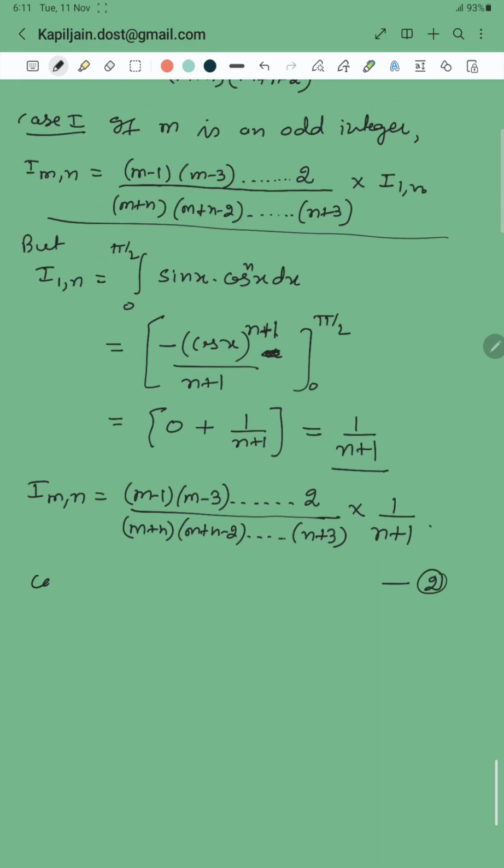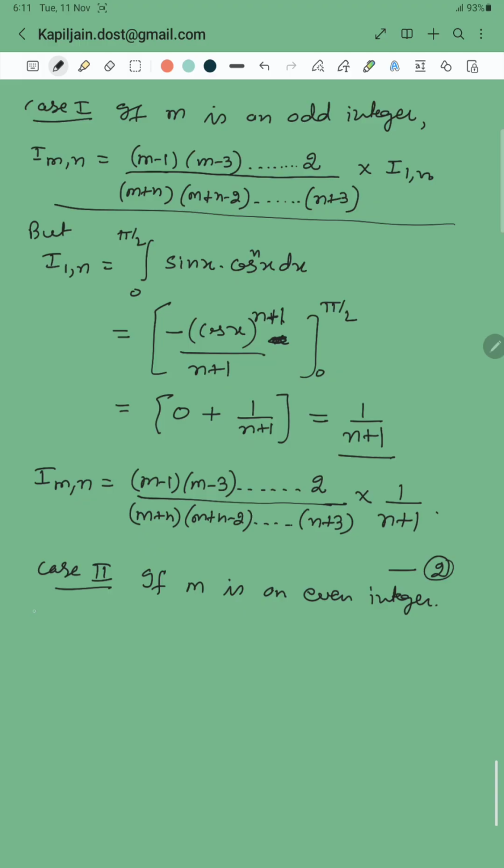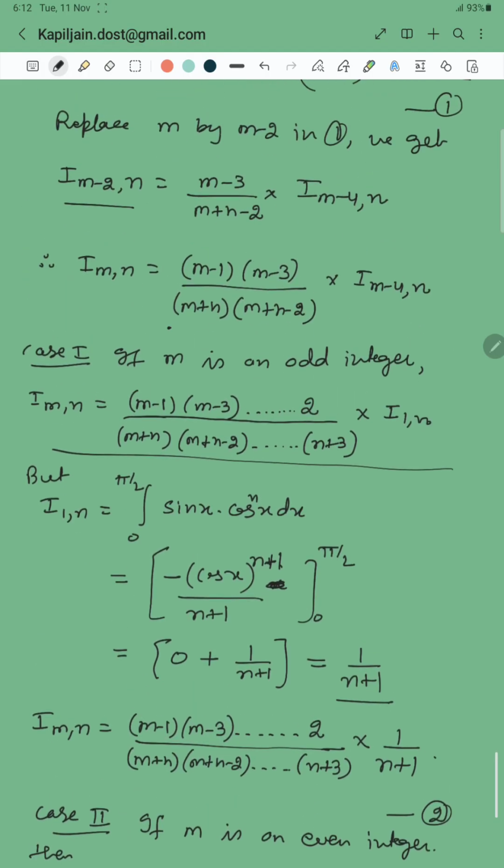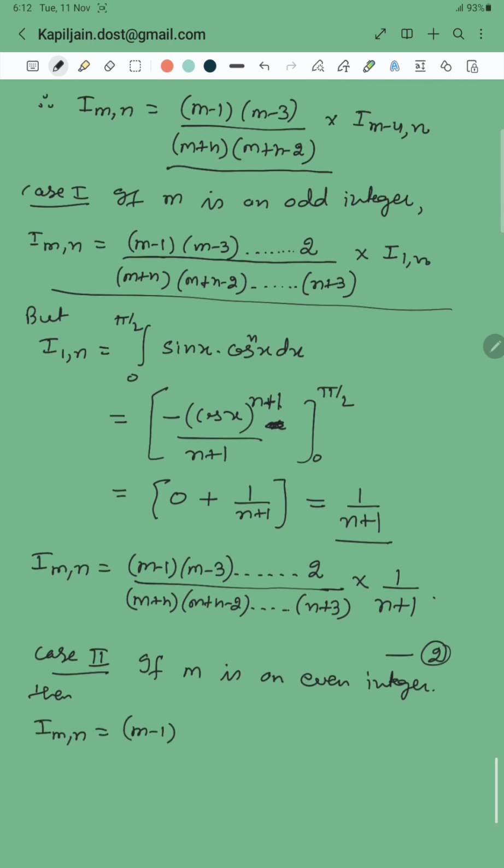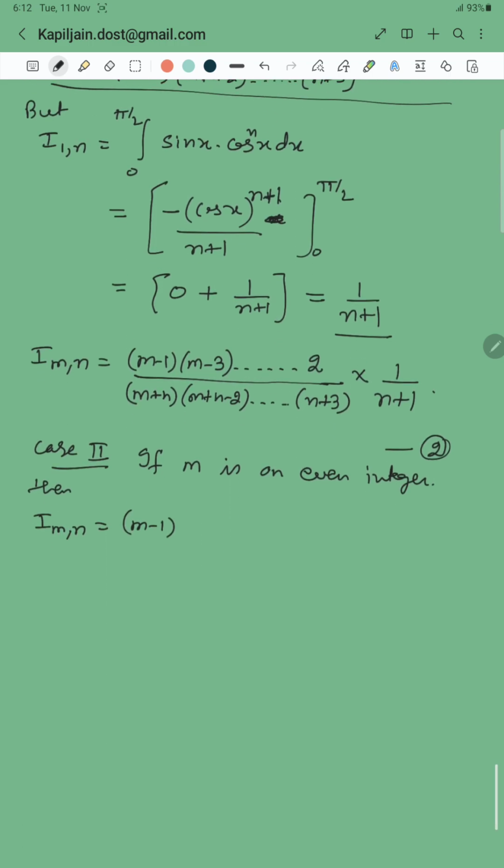Now consider the second case when m is an even integer. If m is an even integer, then I_m,n is equal to (m minus 1), we follow this pattern, means we decrease by 2, m minus 3, m minus 5, and so on.